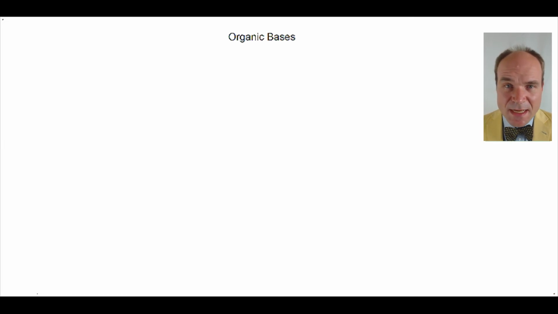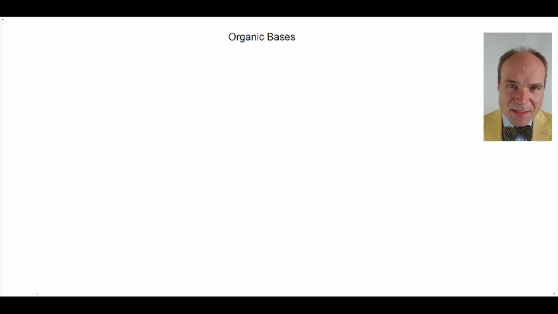The convention says here we won't draw the lone pair, but just the formal negative charge. What we're going to look at now is where there is a neutral species of atom that also has a lone pair. And now here we will draw the lone pair. The lone pair is responsible for accepting the proton.